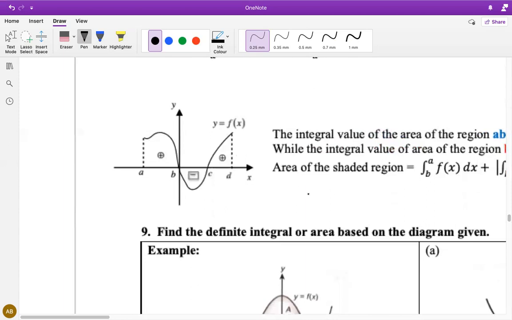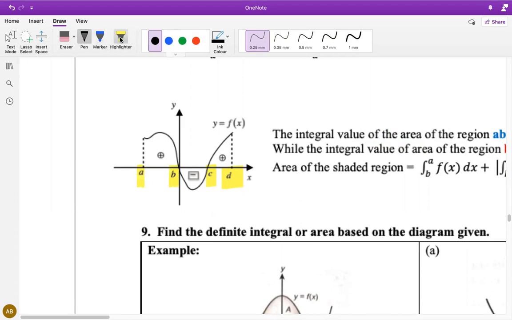And then you have to remember that if this is a curve, and I want to find the area from A to B, B to C, C to D, we have to find it separately. And remember, the area is always positive.